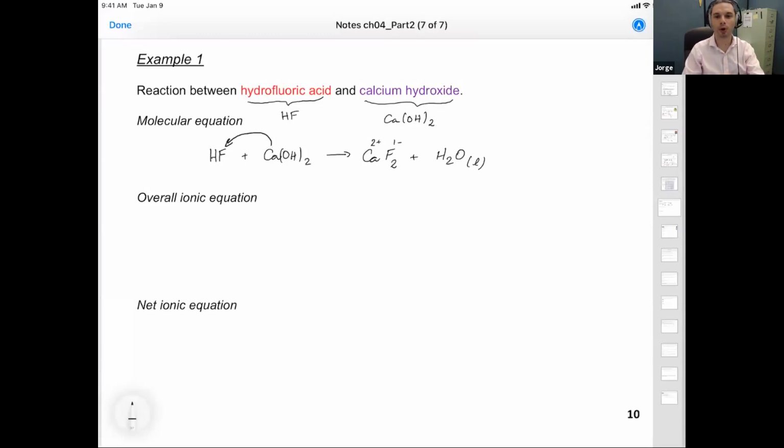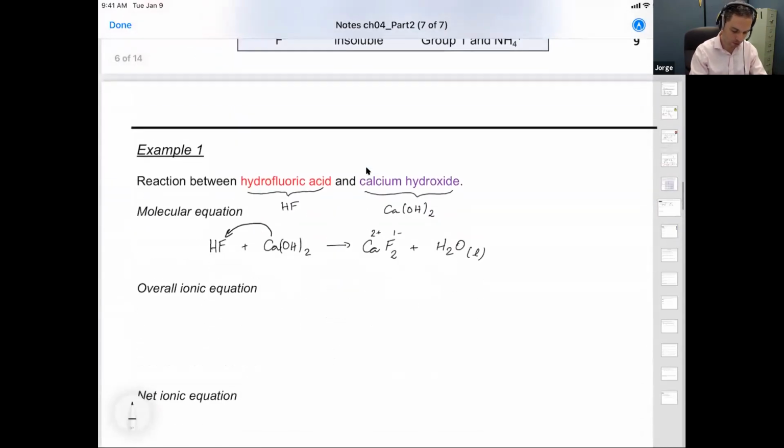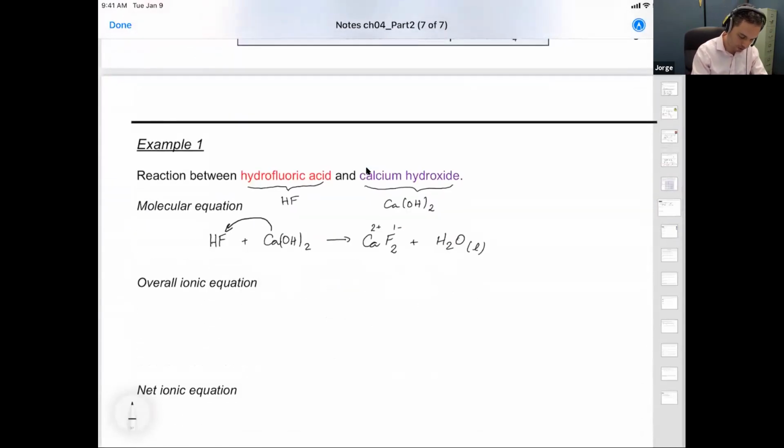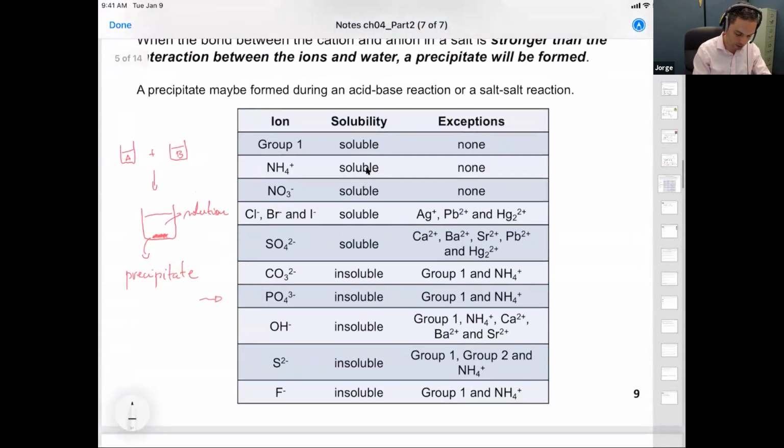Now that we know what salt was formed, let's go back to the table and take a look. Is this salt soluble in water or not? Here we have fluoride, right here, the last one. Fluoride always forms insoluble salts.